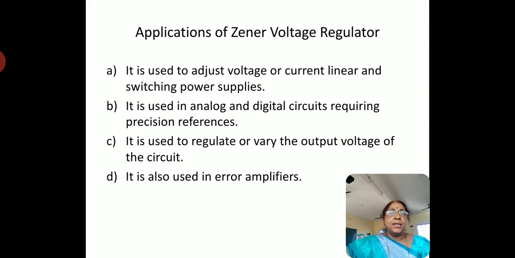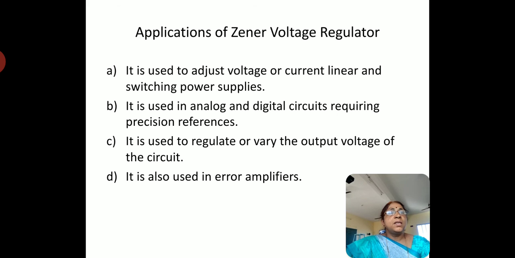Now let us see the applications of the Zener voltage regulator. This Zener voltage regulator is used to adjust voltage or current in linear and switching power supplies. It is used in analog and digital circuits requiring precision references.